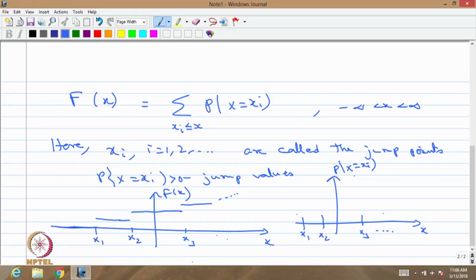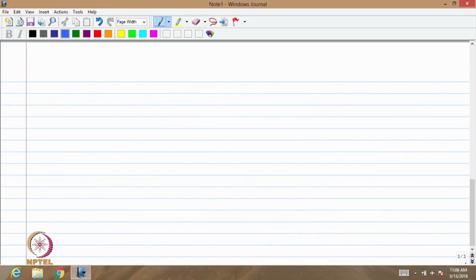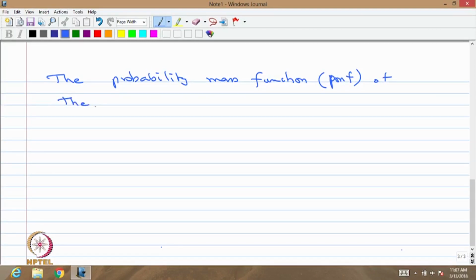The way I have written P of x equal to xi, which has the jump values and jump points, I can define another function that is called a probability mass function, in short PMF.